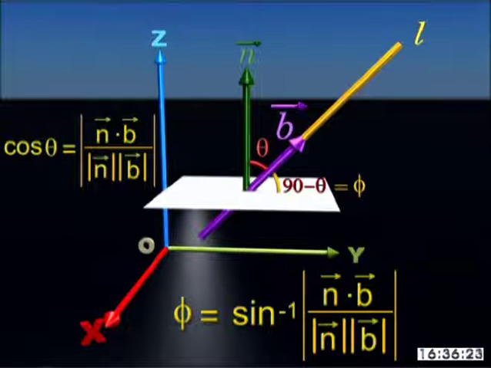This further implies that phi is equal to sin inverse of modulus of vector n dot vector b upon magnitude of vector n into magnitude of vector b, which gives the angle between the line and the plane.